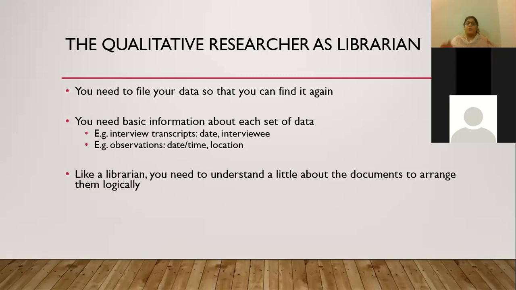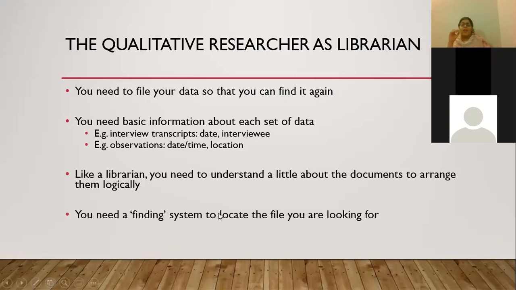So like a librarian, you need to understand a little bit about the documents to organize and arrange them logically. You need a finding system to locate the file you're looking for. So you should always have a specific folder where all your data is, and then specific names for all the files. Okay, does that make sense?